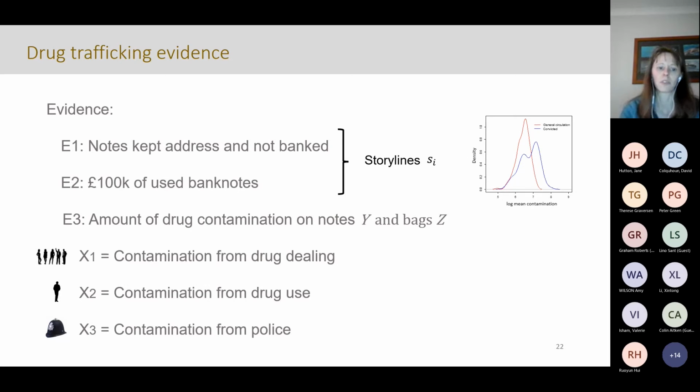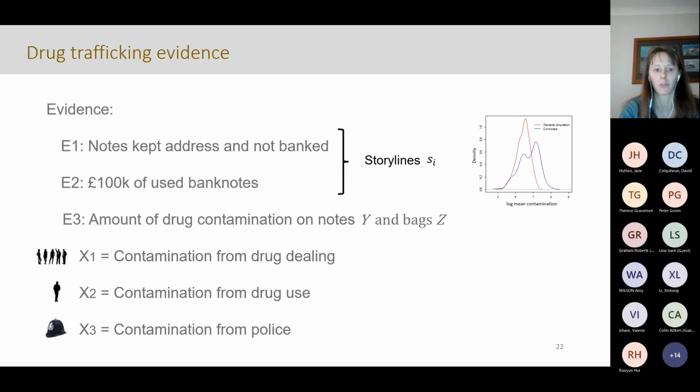The other bit of evidence occurs at the end of each one of the storylines, i.e. potentially you could use the amount of contamination and the type of contamination on the notes to figure out which one of the chains these notes are likely to have come from. We assumed that contamination on the notes can come from 3 main sources.